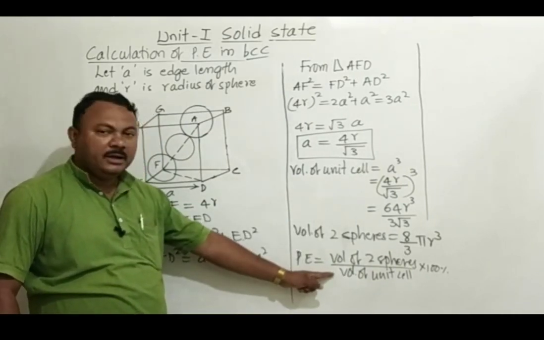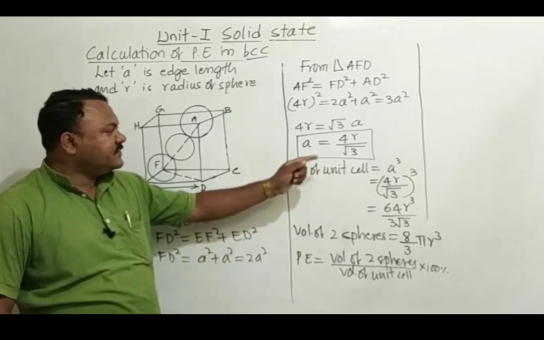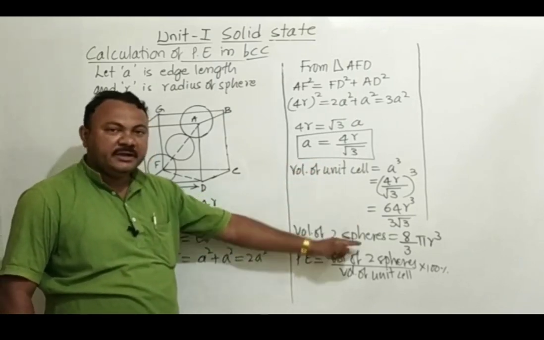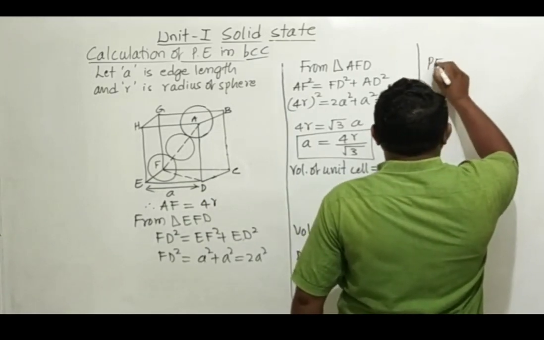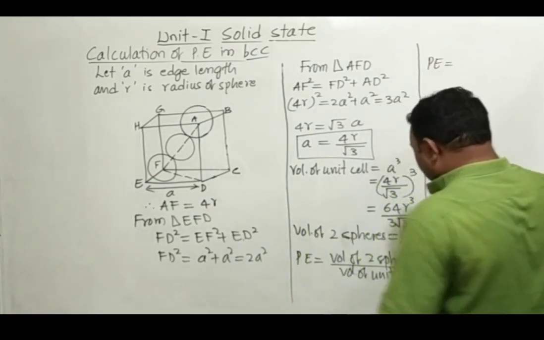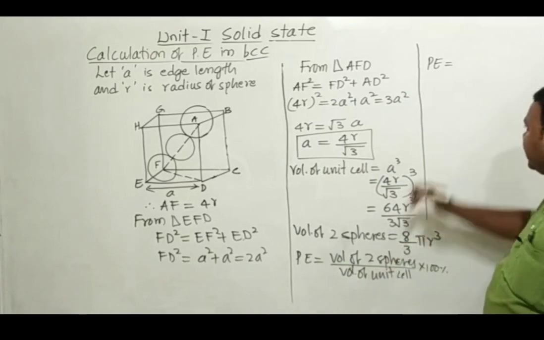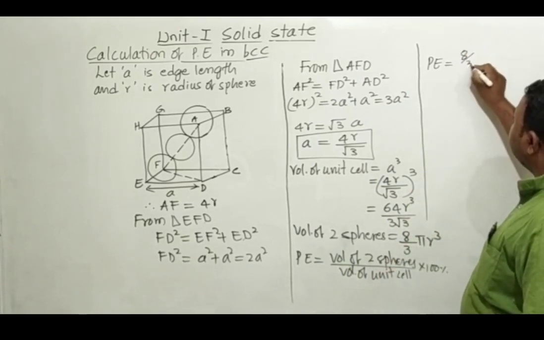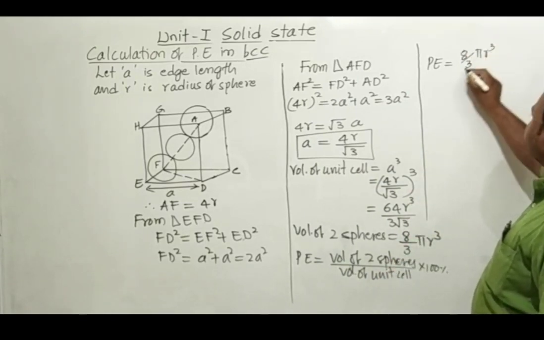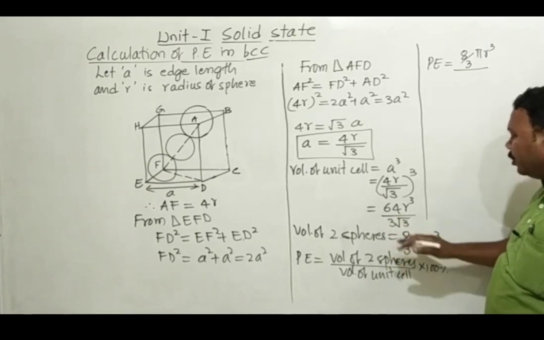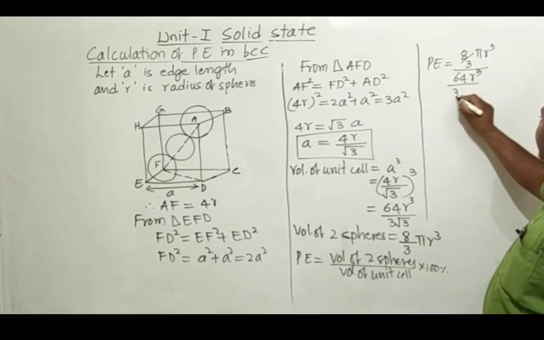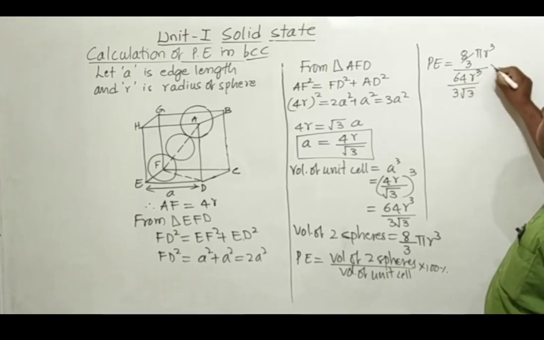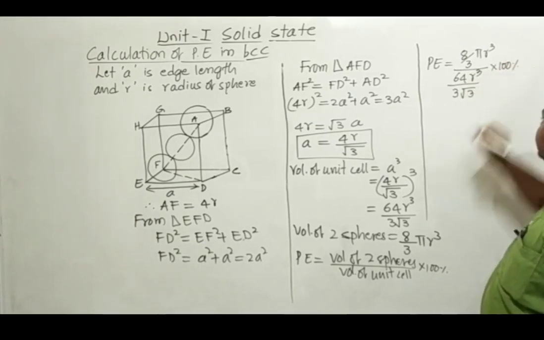Volume of unit cell is 64 R cube by 3 root 3. Packing efficiency is equal to volume occupied by two spheres 8 by 3 pi R cube, divided by volume of unit cell 64 R cube divided by 3 root 3, multiplied by 100%.